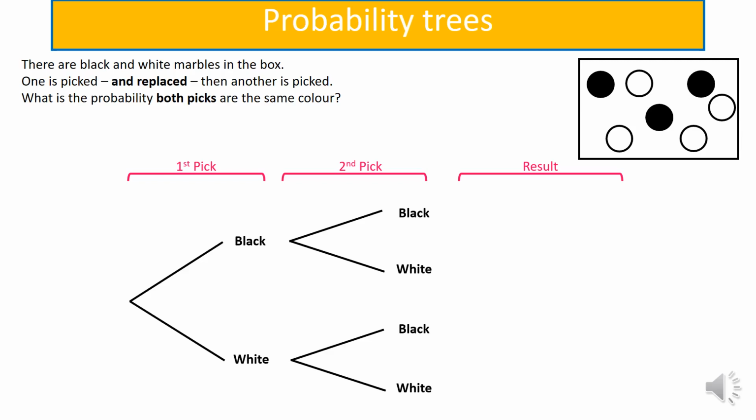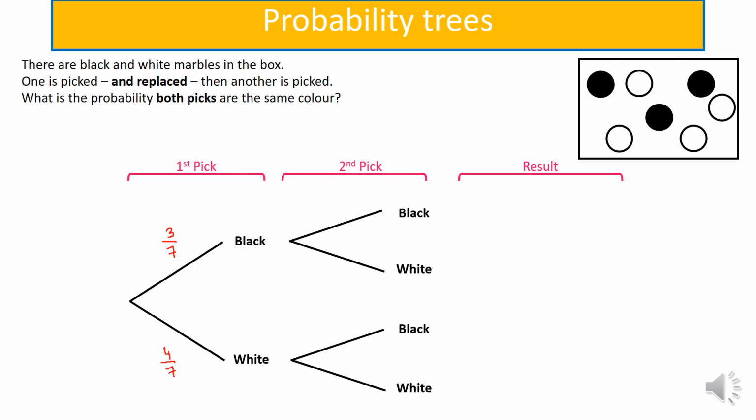First we need to work out the probability of getting black and white. You can see that you have 3 marbles that are black, and there are 7 marbles altogether. So the probability of getting a black one is 3 over 7, and the probability of getting a white one is 4 over 7.